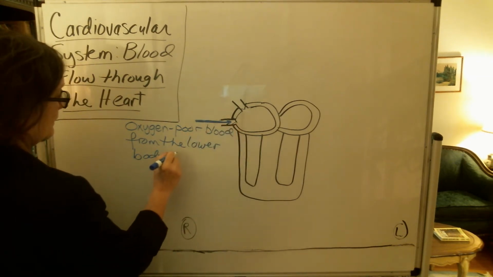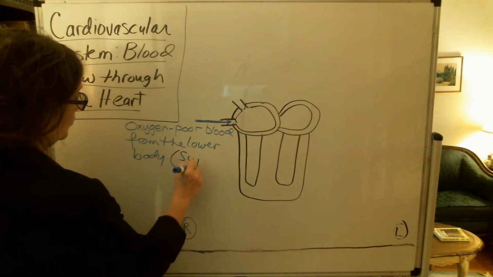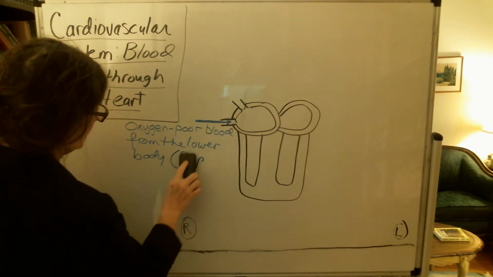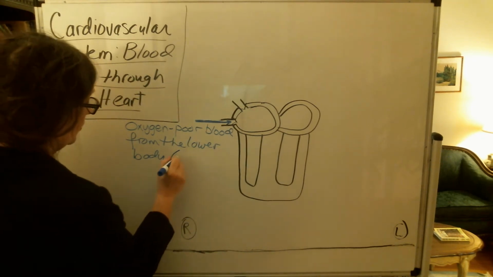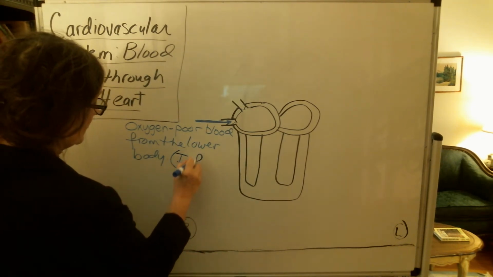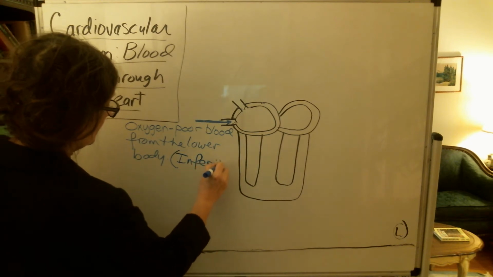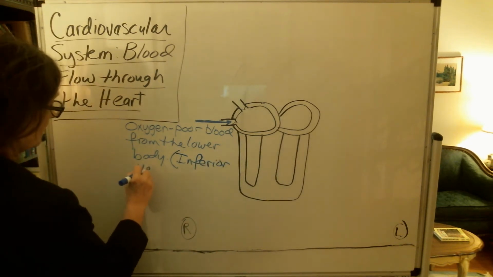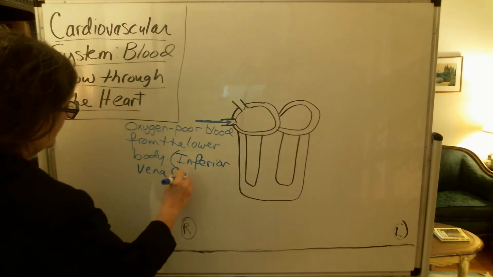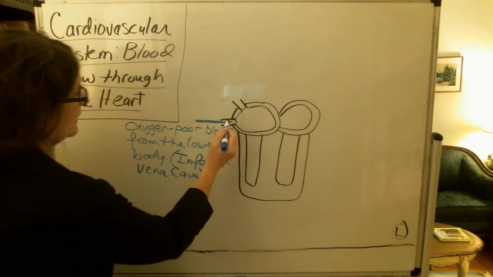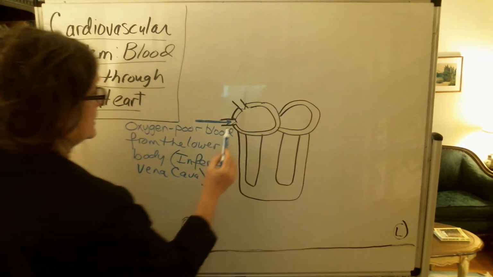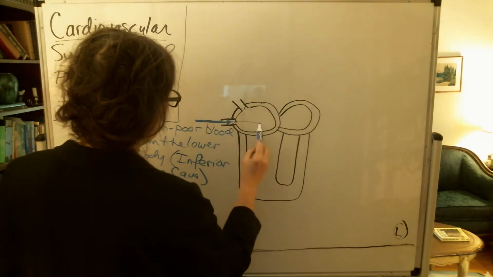And this big vein here, since it's from the lower body, is called the inferior vena cava. So that's the name of the vein. Here is the blood, and now it is flowing into the right atrium.